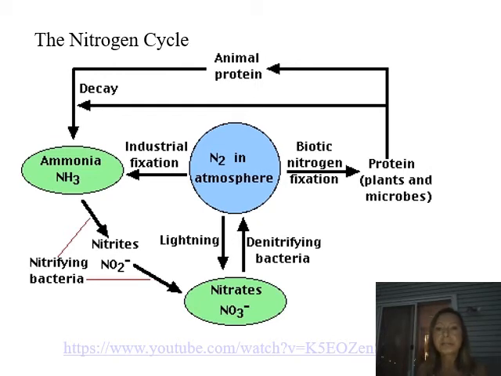Nitrogen is present in the atmosphere. In fact, it's the most abundant gas. It's also present in soils, in biological life, in animal proteins, and in our soils. And it's extremely important for the health of our vegetation and production of our food.